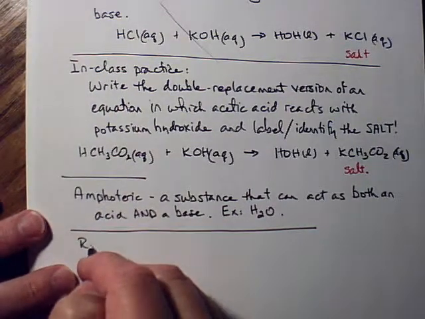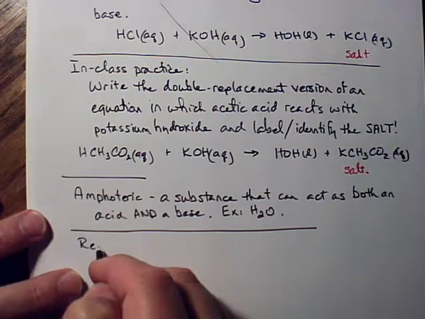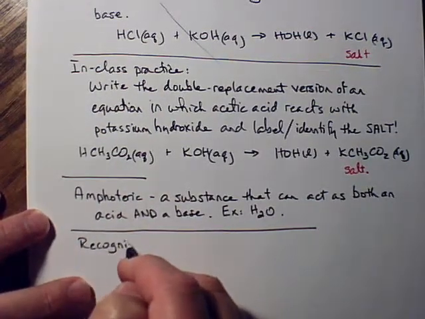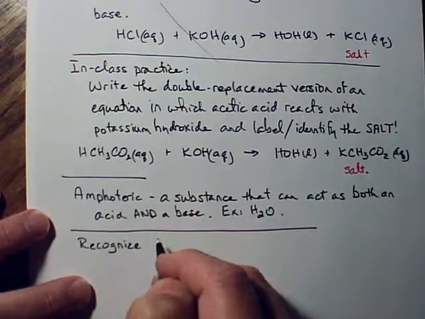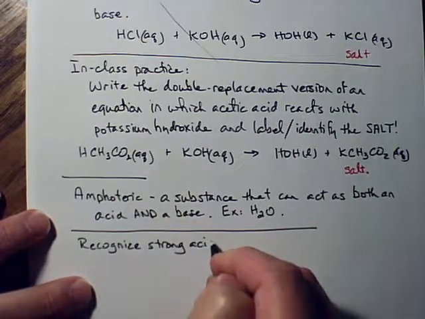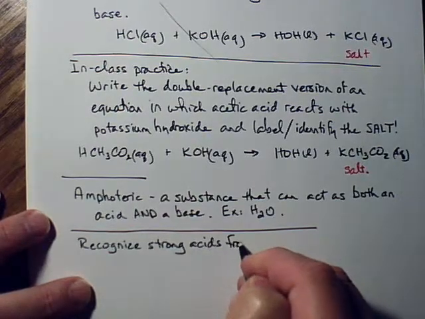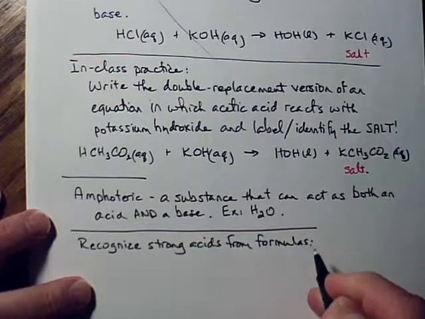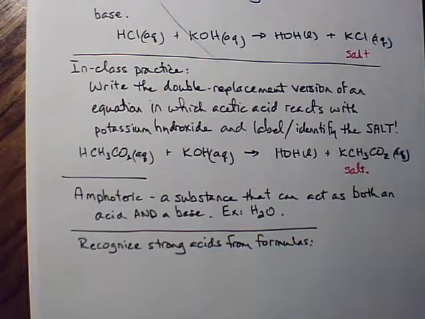Now, you have to be able to recognize strong acids by sight. You've already learned to write the formulas from the names. We did that back in Unit 5.